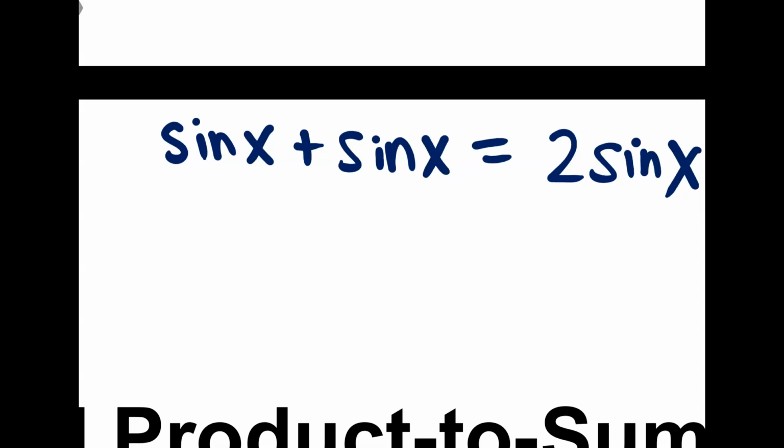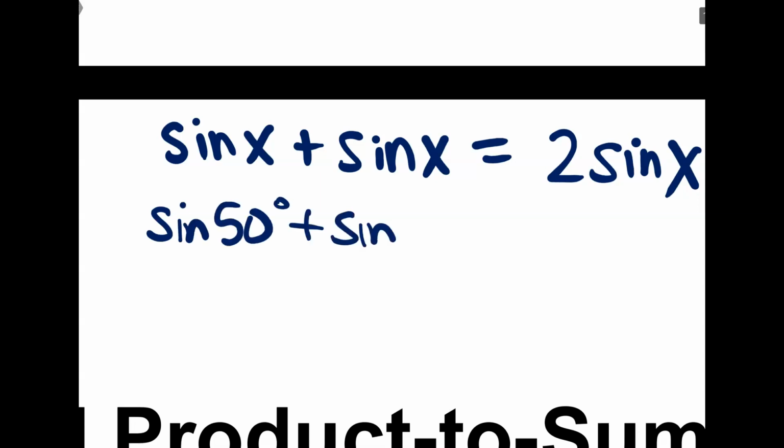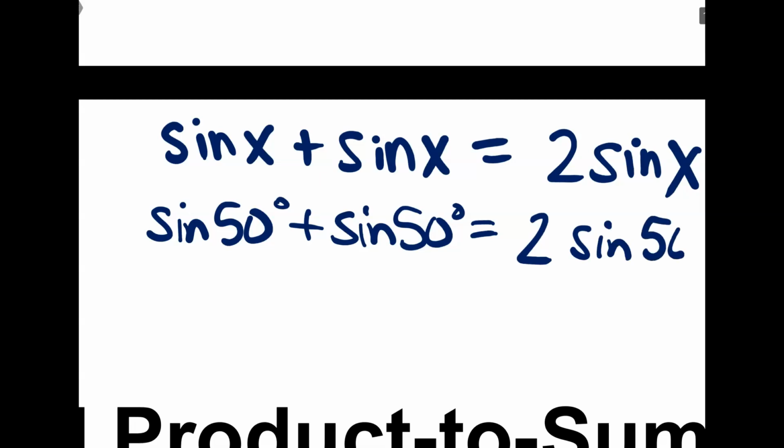What about sine of 50 degrees plus sine of 50 degrees? Sine x plus sine x is 2 times sine x, so sine 50 plus sine 50 is going to be 2 times sine 50 degrees. So you can't just add the degrees inside.